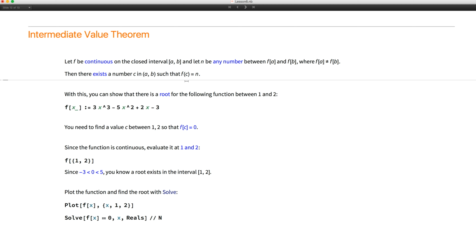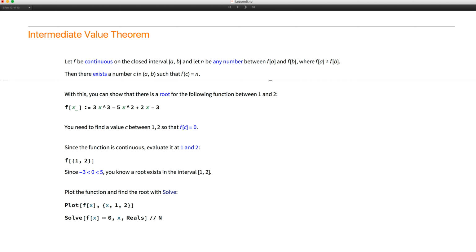So basically, a continuous function will take every value between any two of its values. Of course, one must assume that they are distinct to get some kind of interesting behavior, but basically, you can assume for continuous functions that they take every value between any two of their values.